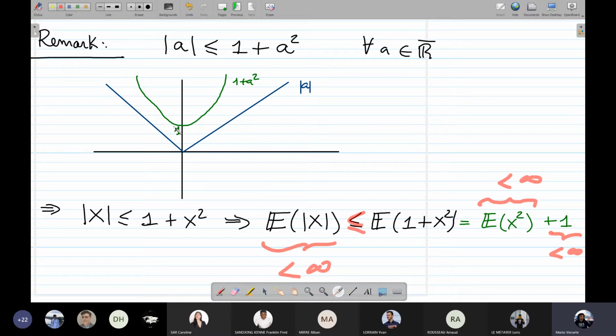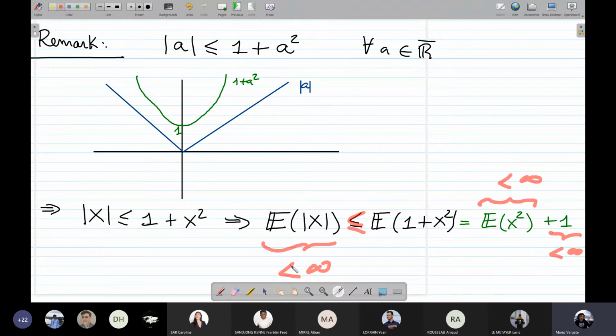From this inequality, the absolute value of a smaller than 1 plus a squared, if I take the expectation, and the expectation respects the order of the inequality, then I get that the expectation of the absolute value of X is smaller than something involving the expectation of X squared. So if this is finite, then automatically this will be finite.